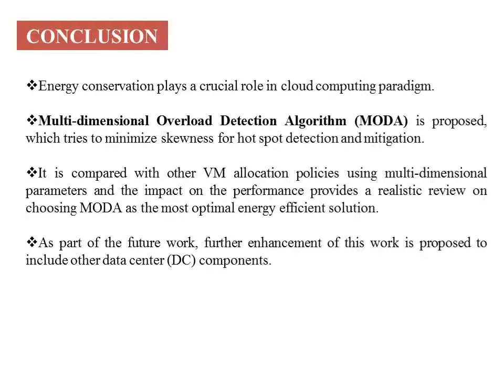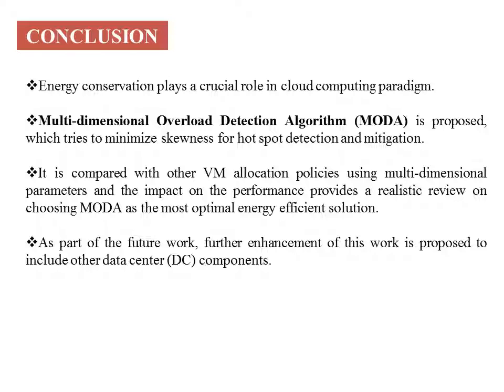So to conclude, we found that this multi-dimensional overload detection algorithm actually minimizes the skewness for hotspot detection as well as mitigation of it. Compared to other allocation policies, this is the best, provides a realistic review and is the most optimal energy efficient solution.